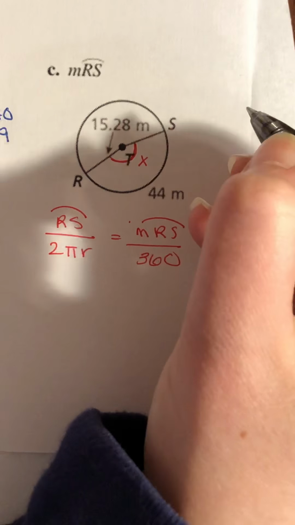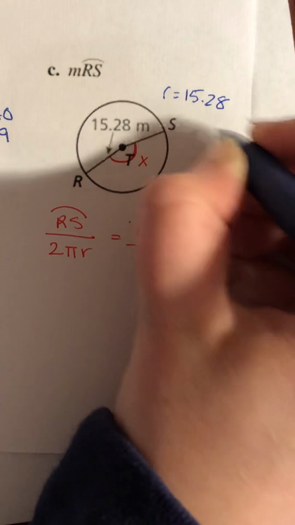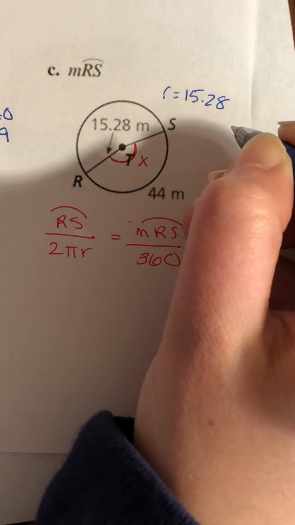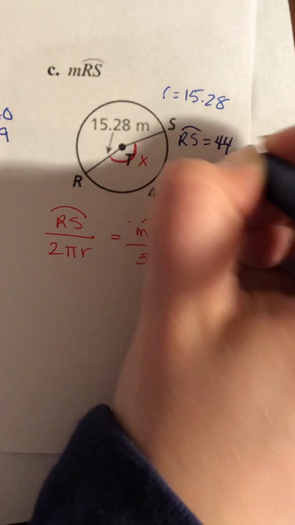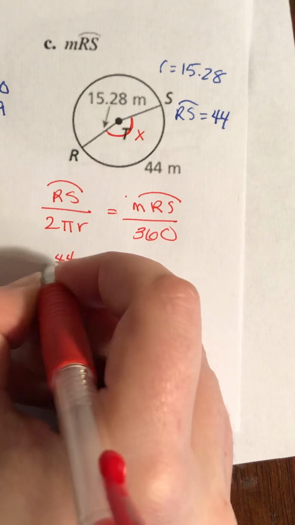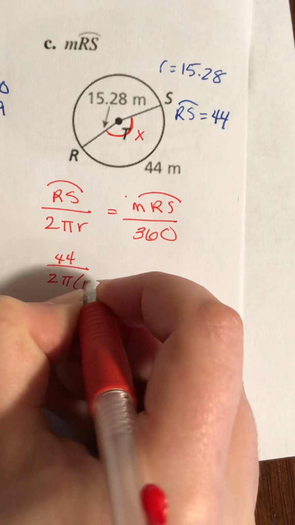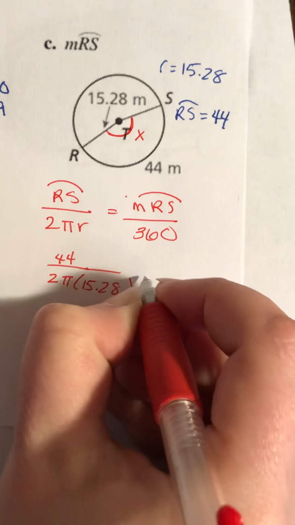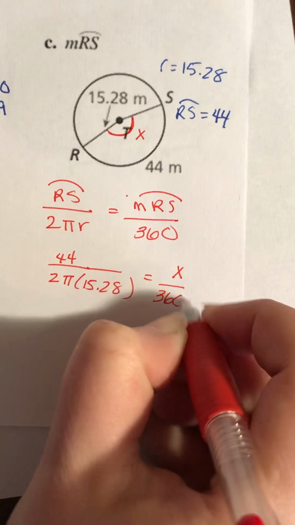So here, the radius is 15.28, and the arc measure is 44. So I have 44 over 2 pi times 15.28 equals the angle measure that I'm looking for over 360.